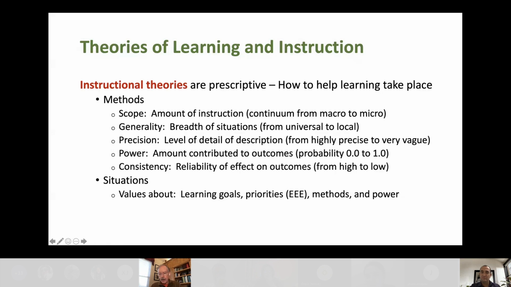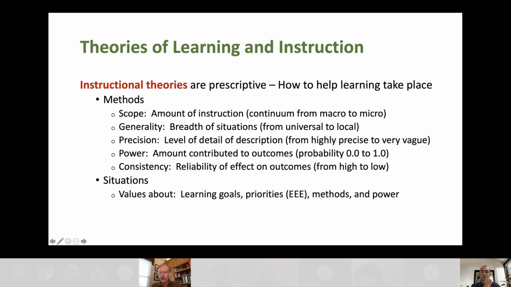The values about methods: people have different favorites for methods that aren't necessarily related to research. They're not necessarily proven to be better. It's more a matter of, I prefer this method. It's a personal preference. So for instance, some teachers prefer discovery methods to instruction, whereas others prefer expository methods.